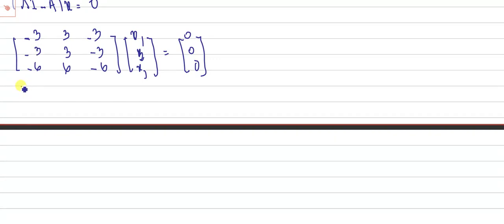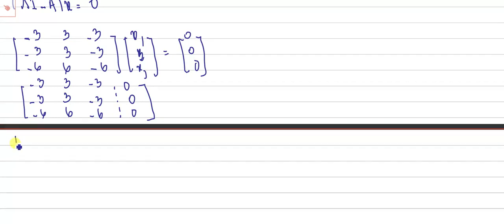So augmented matrix we got minus 3, 3, minus 3, and 0, minus 3, 3, minus 3, and 0, minus 6, 6, and minus 6, 0.